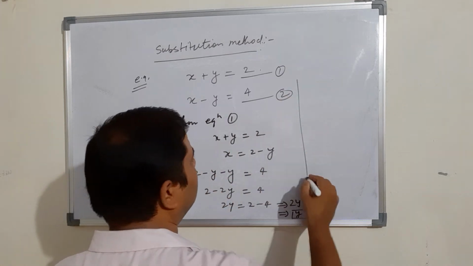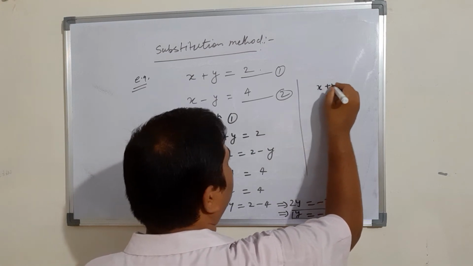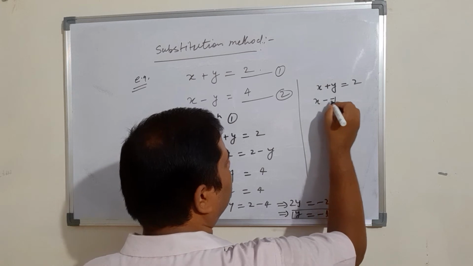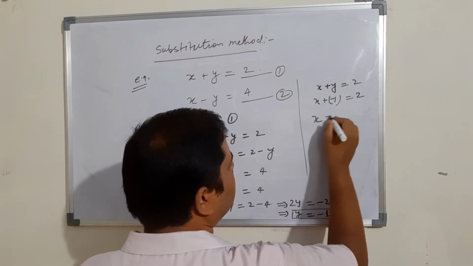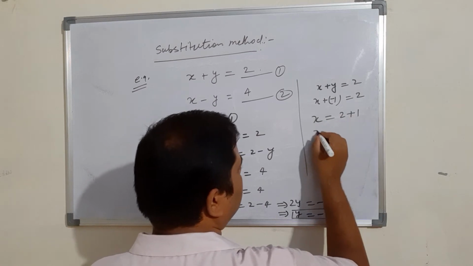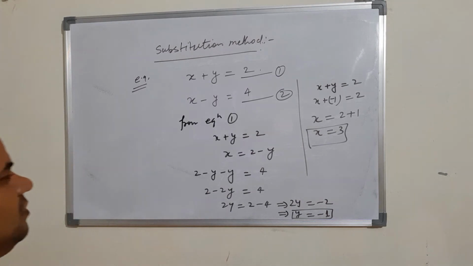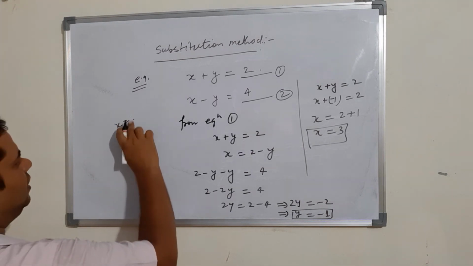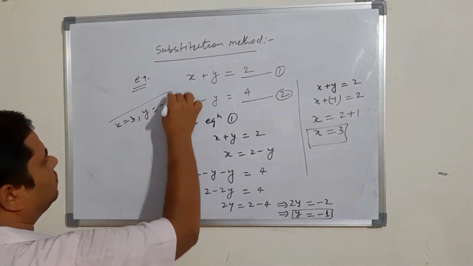Put this value in any equation, we get the solution. x plus y is equal to 2, then y is equal to minus 1. So x plus of minus 1 is equal to 2. So x is equal to 2 plus 1. So x is equal to 3. So the solution of this pair of linear equation is x is equal to 3 and y is equal to minus 1.